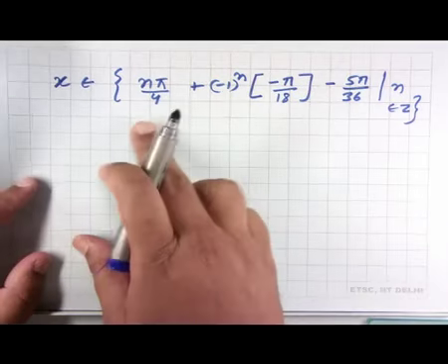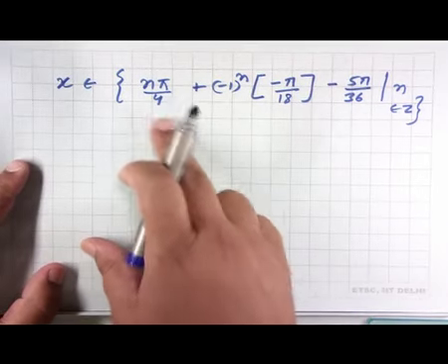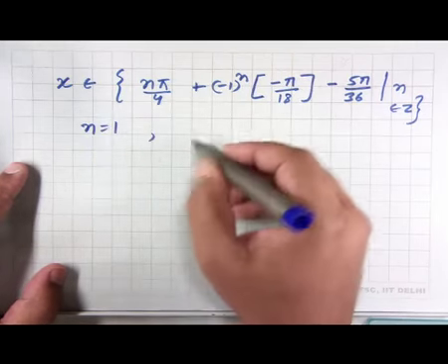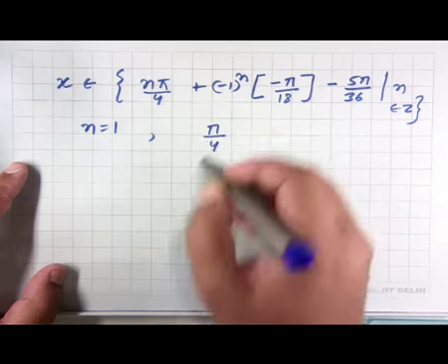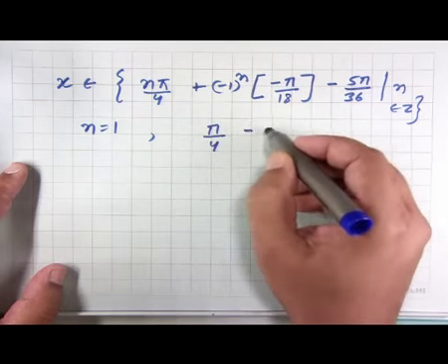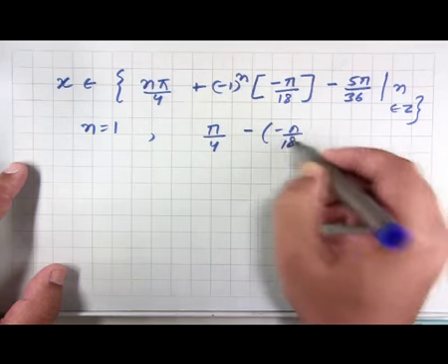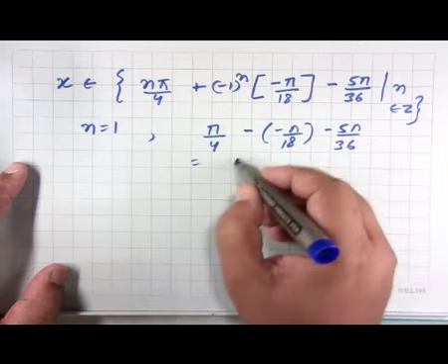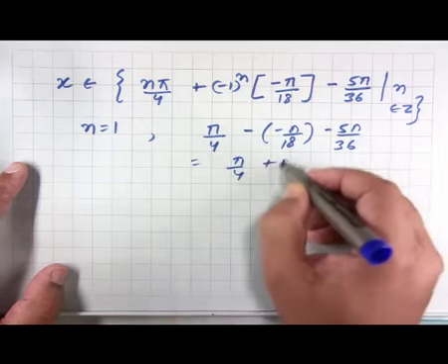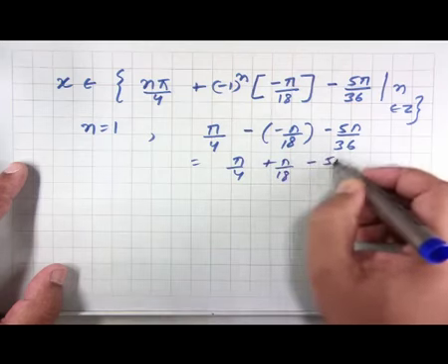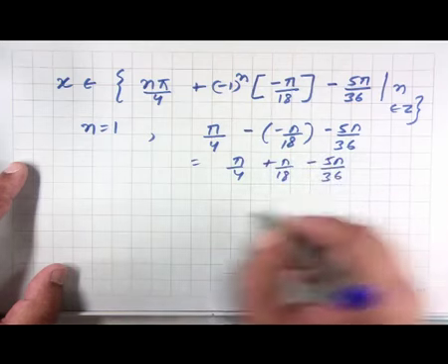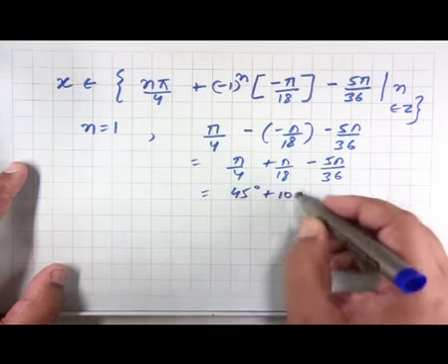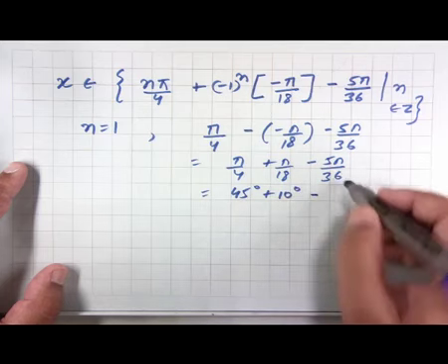and you can in fact find out the first, for example, if you put n equal to 1, then that corresponds to the solution pi by 4 and then minus pi by 18 minus 5 pi by 36, which is pi by 4 plus pi by 18 minus 5 pi by 36, which in degrees is 45 degrees, this is 10 degrees, and pi is 180.